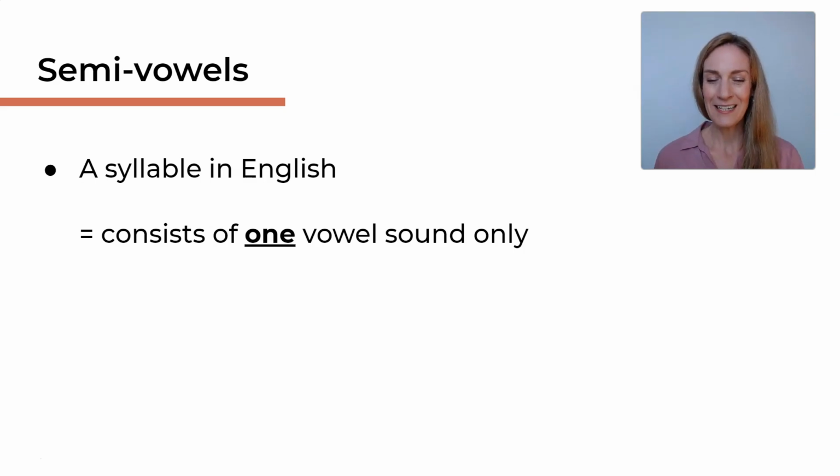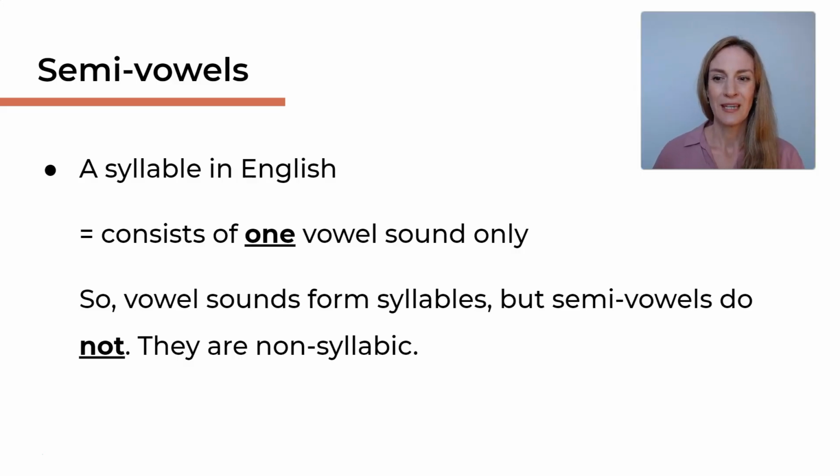They are exactly sort of in between the consonants and the vowel sounds, and although officially categorized as consonants, often they are called semi-vowel sounds. So here's a little definition summary. Vowel sounds form syllables, but semi-vowel sounds do not, because they are non-syllabic. So hopefully that term is now clear.